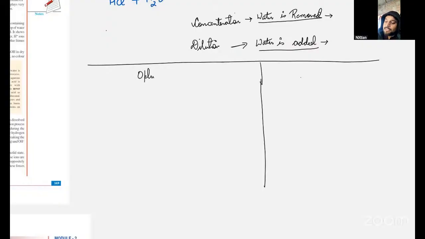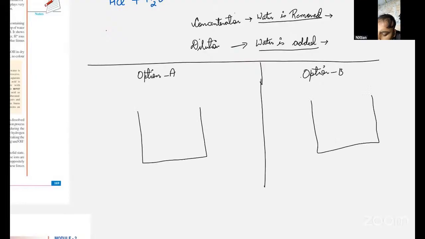My laboratory sir says that please dilute the acid, because it is very, very harmful for us. Because when dilution is there, the harmfulness will decrease. Dilution means adding of water.